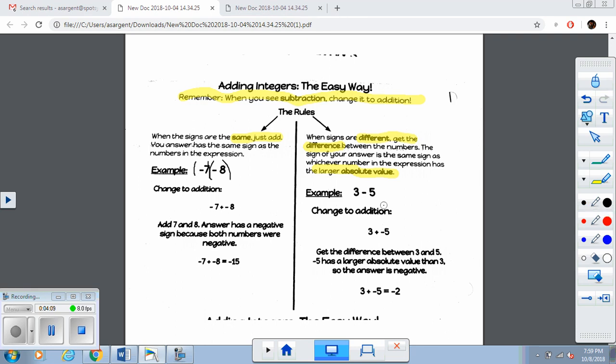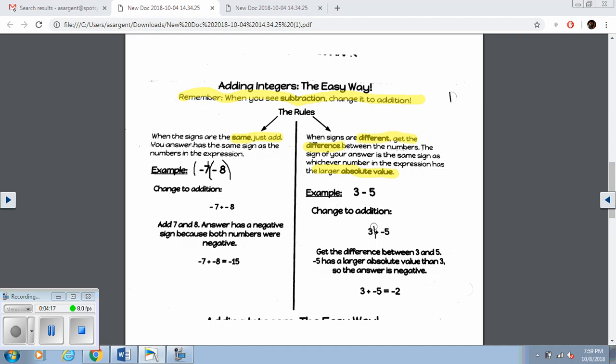However, you'll see where this comes into play a little bit more. So for this example, we have 3 minus 5. First we're going to change it to addition, which is 3 plus -5. So what I have right here is a 3 and then a -5. Here's my positive, and then here's my negative. I want to know right away if my answer is going to be positive or negative.